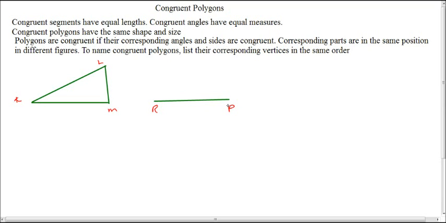Okay, now let's say we want to create another line segment, because I think we said we had to have three. So let's draw this one here, and let's call that one RQ. Okay, that doesn't look like a Q, so let me do a little better than that.